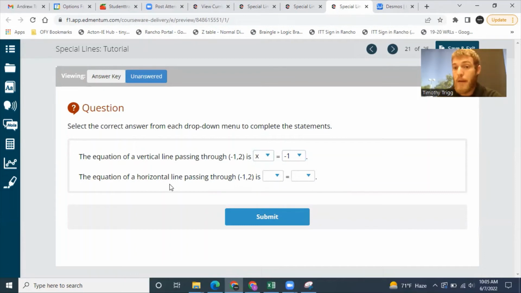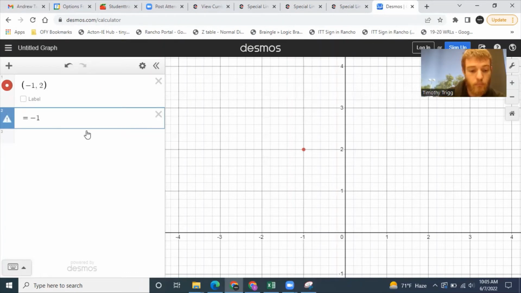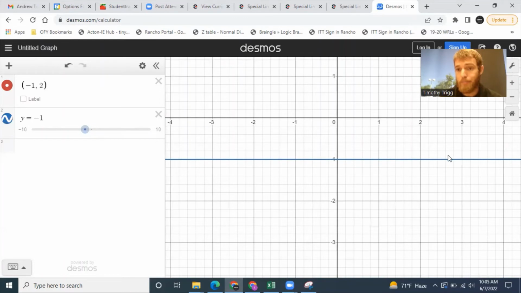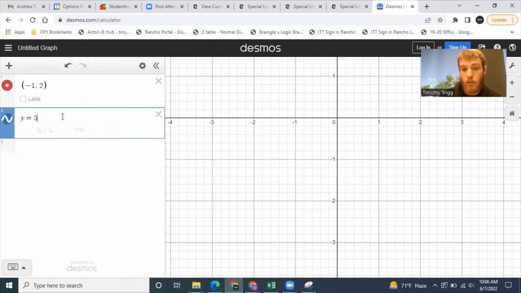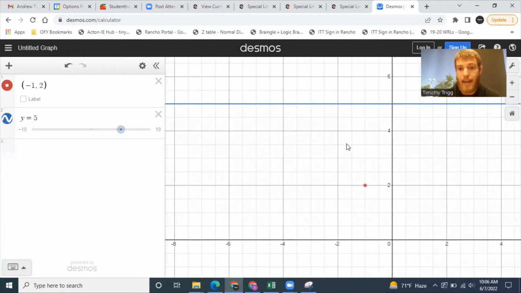What about a horizontal line? A horizontal line goes like this. Well, instead of x equals, those are in the form y equals. So for example, y equals -1, you can see it forms this horizontal line that passes through -1 on the y-axis. See that? y equals whatever number you want creates a horizontal line at that location.